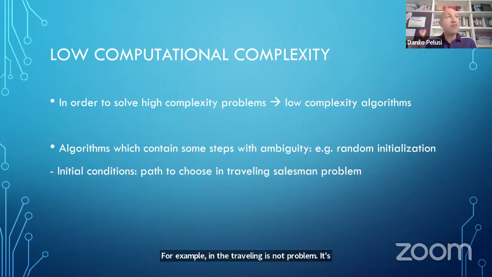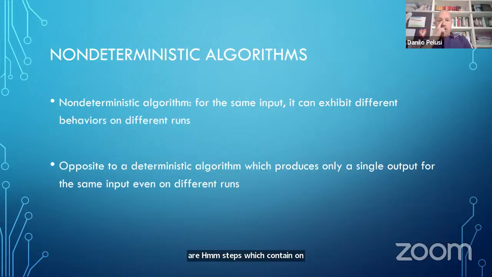But the starting point depends on initialization, in particular, a random initialization. We have to consider this kind of algorithms where there are steps which contain ambiguity. So we can consider non-deterministic algorithms, the algorithms which contain this kind of steps.